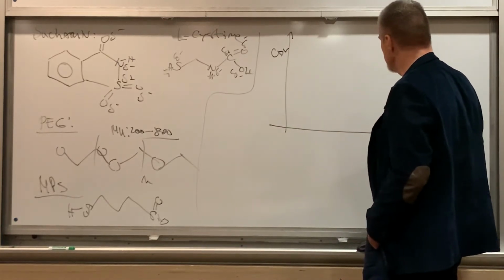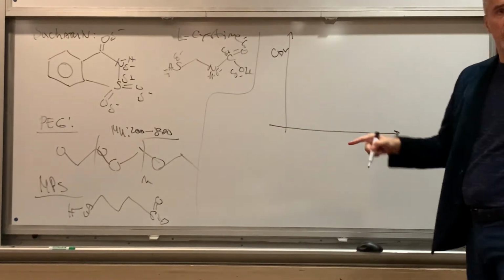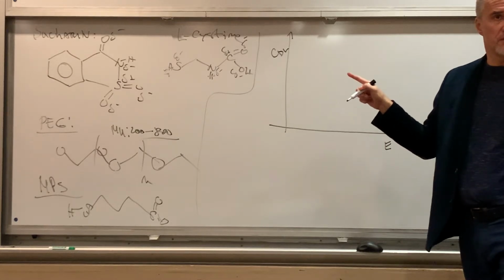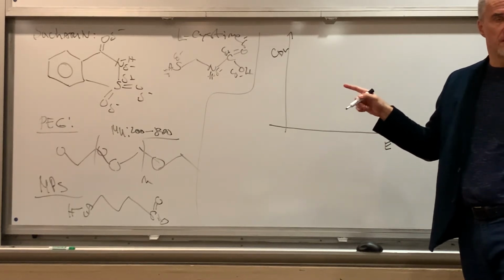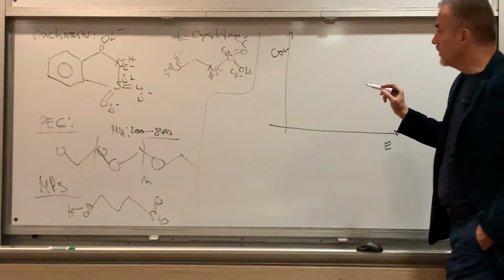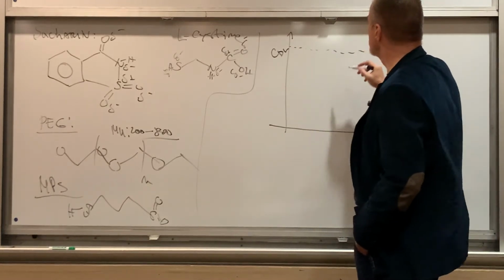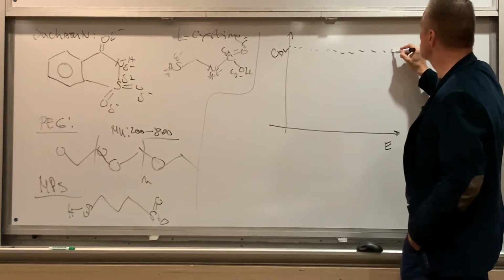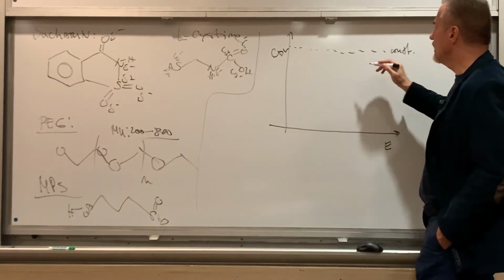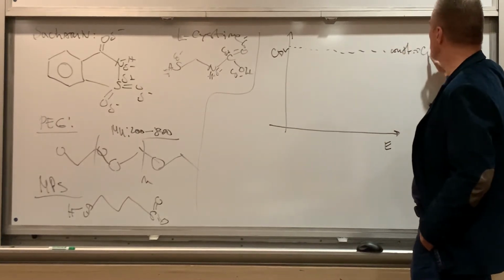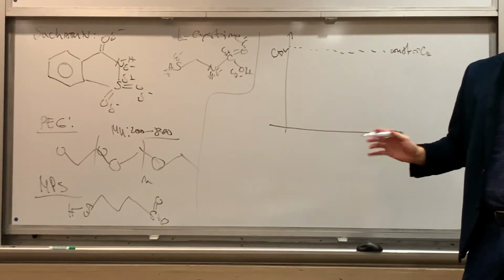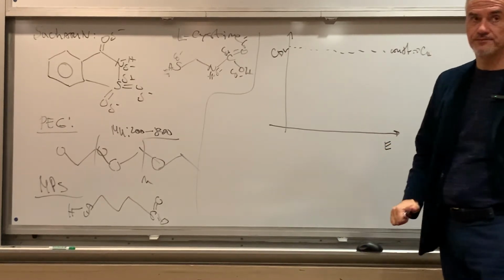So if you do now again your double layer measurements, and this is potential, and now you can have a higher concentration of the electrolyte. Without any additive, the double layer capacitance will be almost constant, right? Why? Because this is basically like a Helmholtz layer, not really dependent much on the potential.